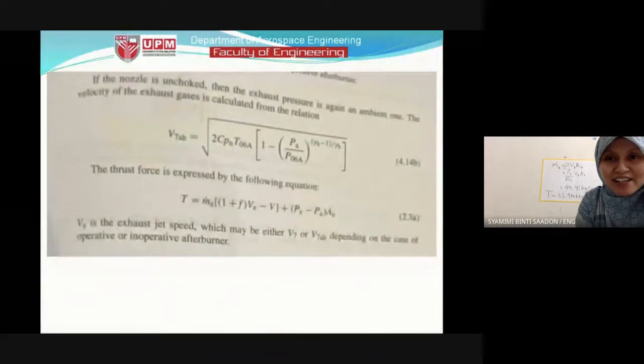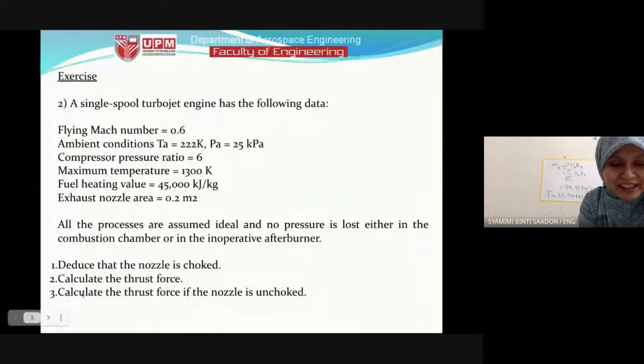In the exercise, the last question asks you about if the nozzle is unchoked. We don't have to repeat from the initial point. Starting from the point P7, the critical point just now, this time around we have to change. Just now, for choked nozzle, we assume that P7 is equal to the critical pressure.